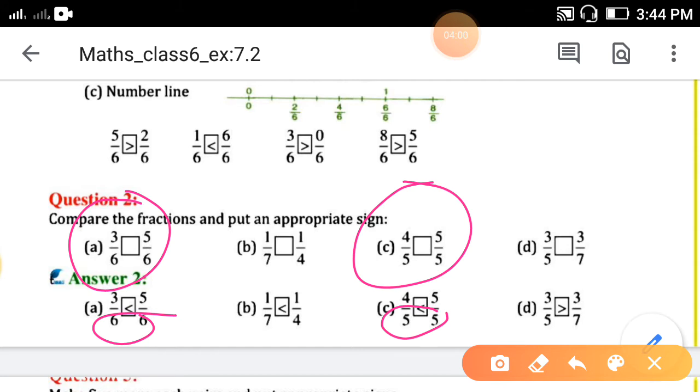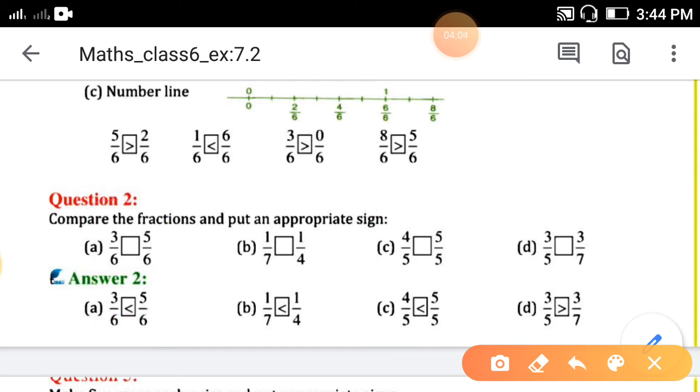You can see the denominator. Denominator is same. When denominator is same, then you have to see the numerator. So 5 is greater than 3. It means 3 is less than 5. And here 4 is less than 5. So you have to put this less than sign.